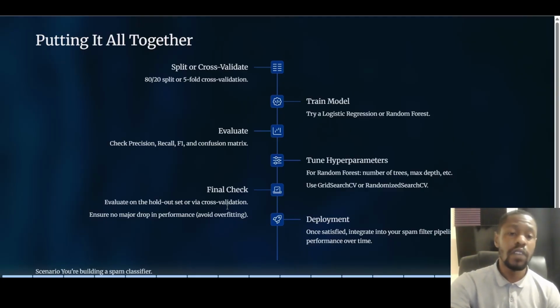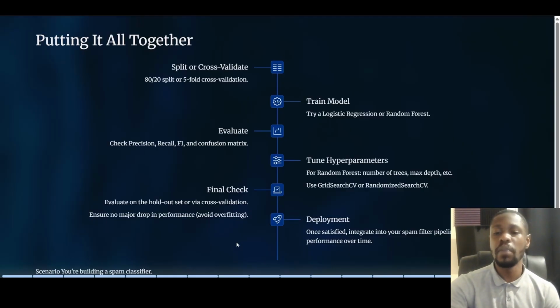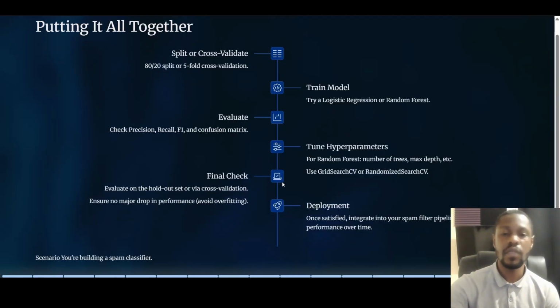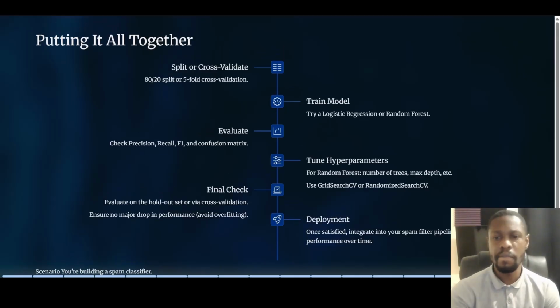And then we do a final check, evaluate on the holdout set or via cross-validation. We just are trying to ensure that there's no major drop in performance, so we're trying to avoid overfitting. And lastly, deployment. So once we're satisfied, we integrate into your spam filter pipeline and keep monitoring performance over time. In the spam example, in the scenario where you're building a spam classifier.